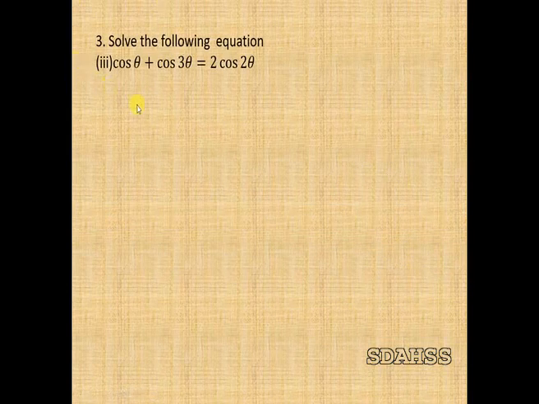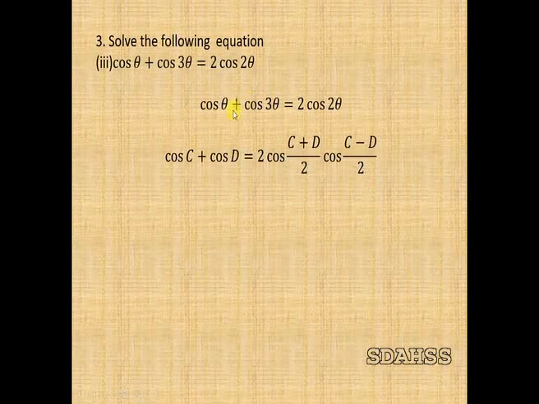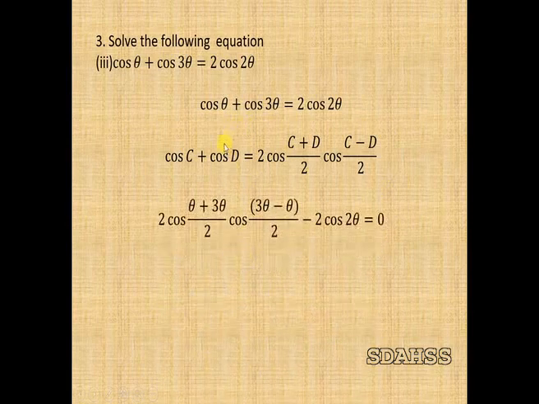Subdivision 3. Cos theta plus cos 3 theta is equal to 2 cos 2 theta. Now this is of the form cos C plus cos D. Cos C plus cos D means 2 cos C plus D by 2 into cos C minus D by 2. So you have to apply this formula in the left hand side. So you have 2 cos theta plus 3 theta divided by 2 into cos 3 theta minus theta divided by 2.